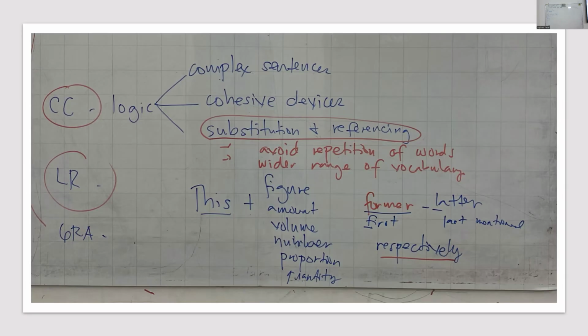So the first one, if you check the notes on the board, is the effective use of complex sentences. The second one is the use of cohesive devices or transition words. And the third one is substitution and referencing.